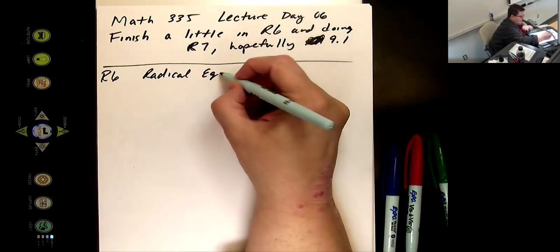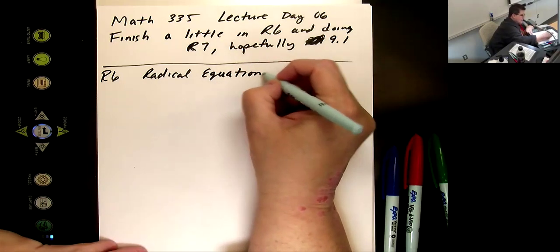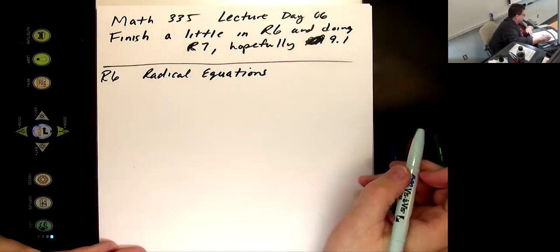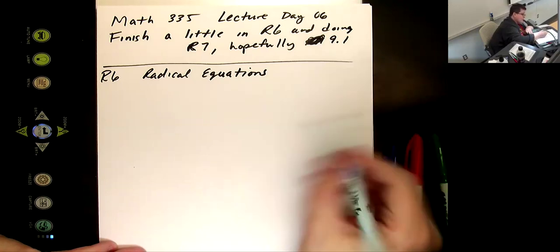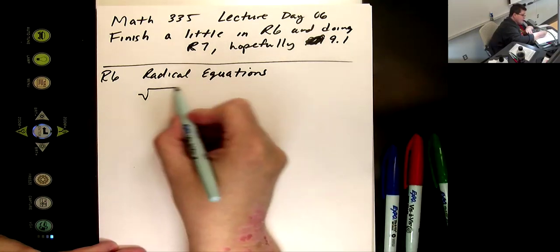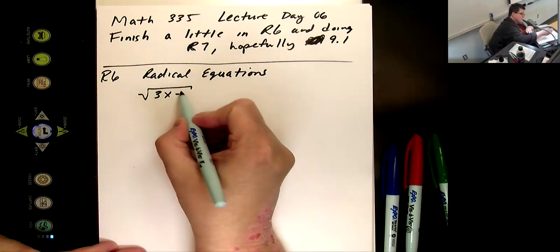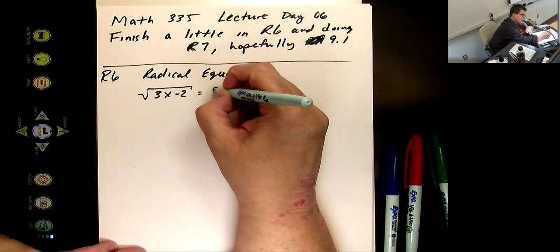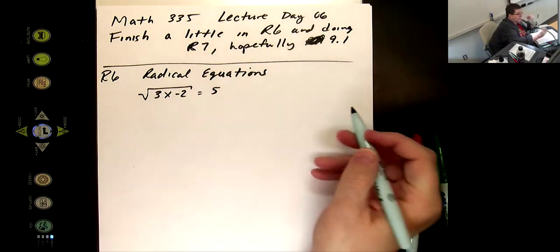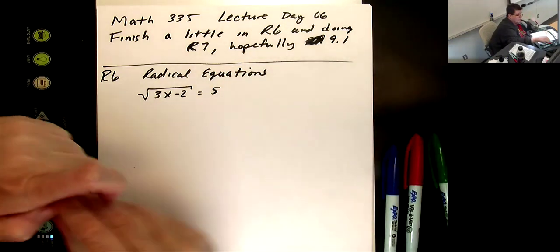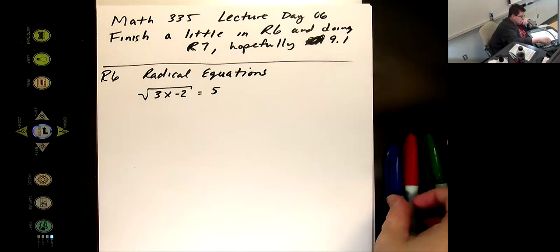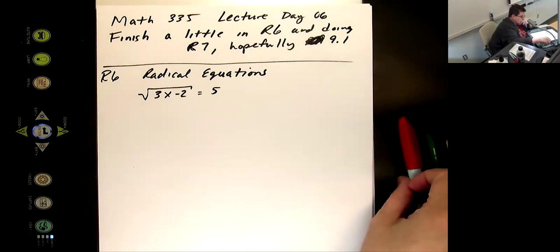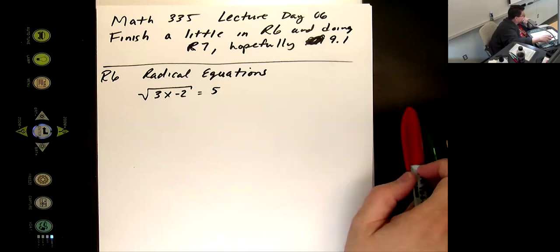We're gonna go over a simpler one first, just to get it in your head. Square root of 3x minus 2 equals 5. You want to square both sides?